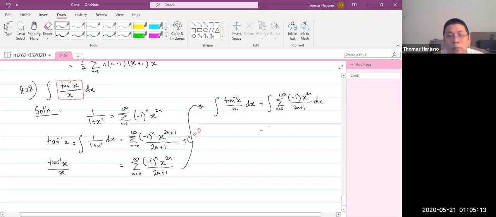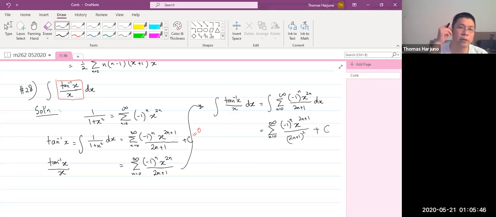And then this will be the series from n equals 0 to infinity of -1 to the n, still the same, x to the 2n plus 1 over 2n plus 1 squared. Of course, plus constant. Okay, we are done with the power series representation of that.